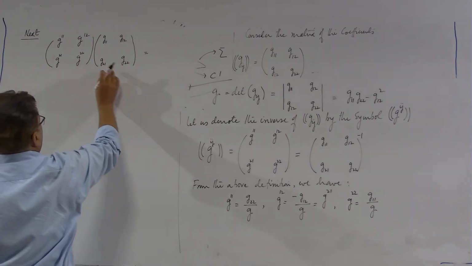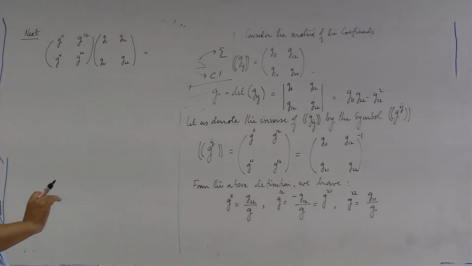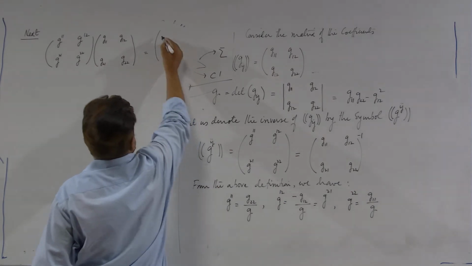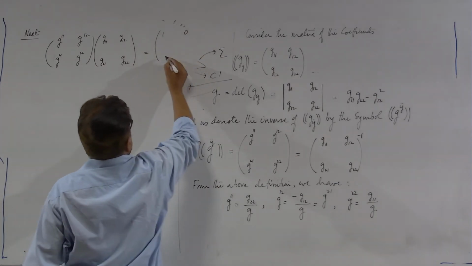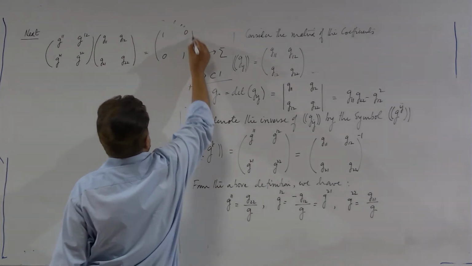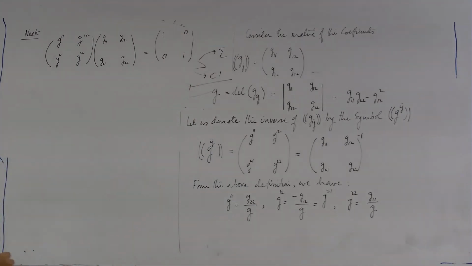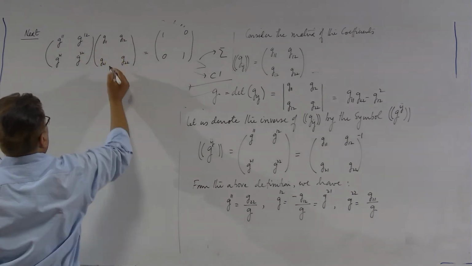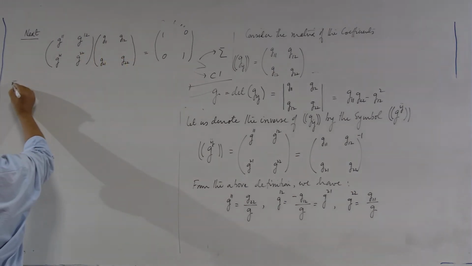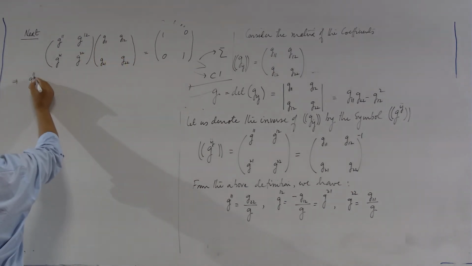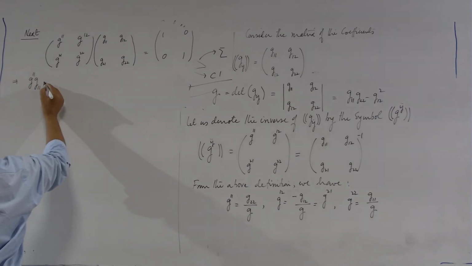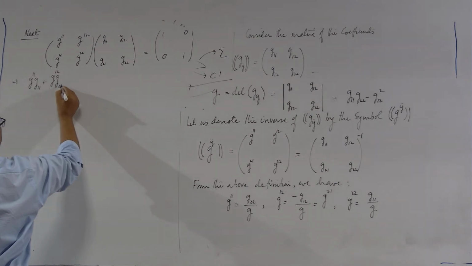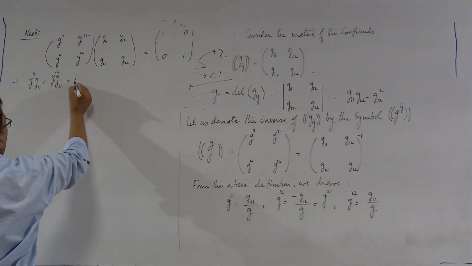Since I am assuming they are inverses of each other, the product must be an identity matrix of order 2, so 1 0 0 1. Now, if I multiply the first row with the first column, this will give me G upper 11 multiplied by G lower 11 plus G upper 12 multiplied by G lower 21 equal to 1.